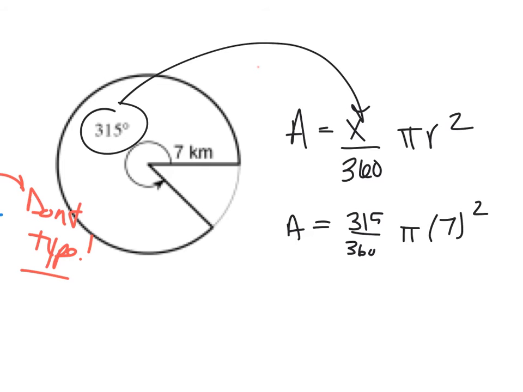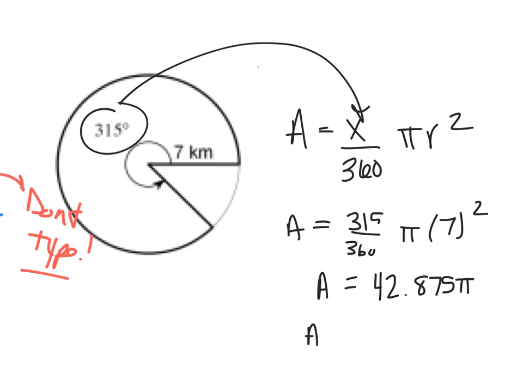And I square it. I just type the numbers in my calculator. I don't type the pi. And I get 42.875 pi. If you're using a scientific calculator, or typing it on Desmos exactly as it's written, or in a graphing calculator, you might even get a fraction, which is fine.